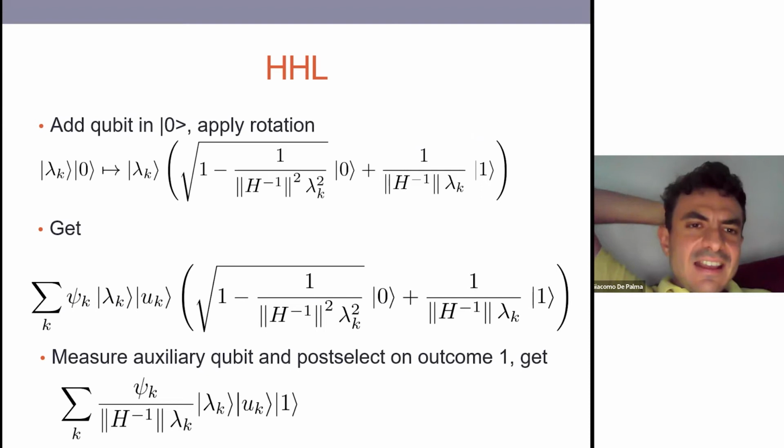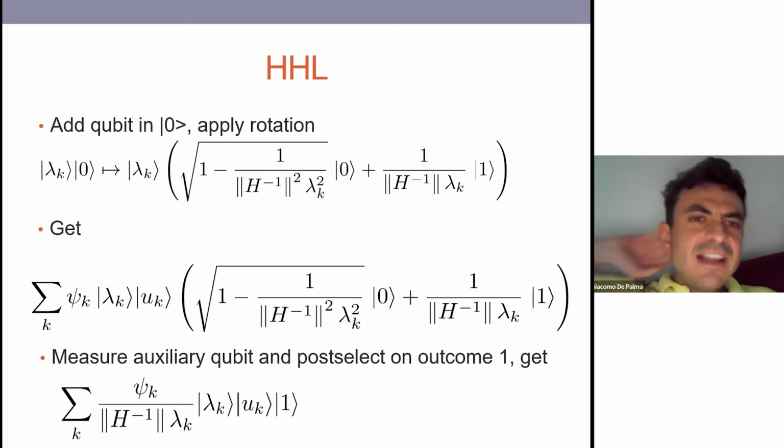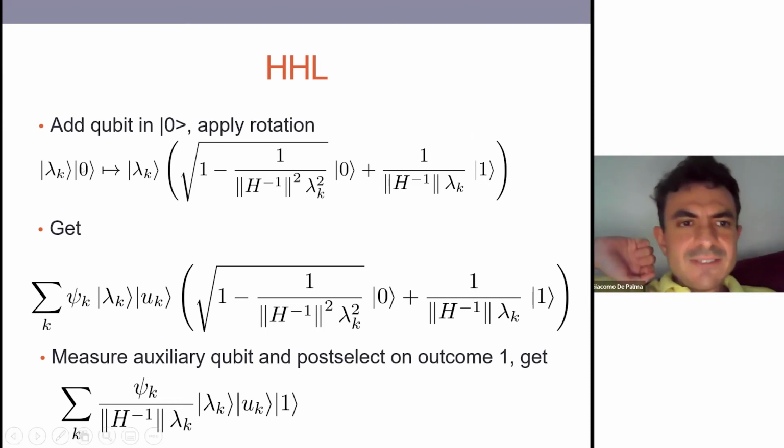And the idea is that we add an auxiliary qubit in the state 0 in this fashion. So here is the register with the estimate of the eigenvalue, and we add this auxiliary qubit.